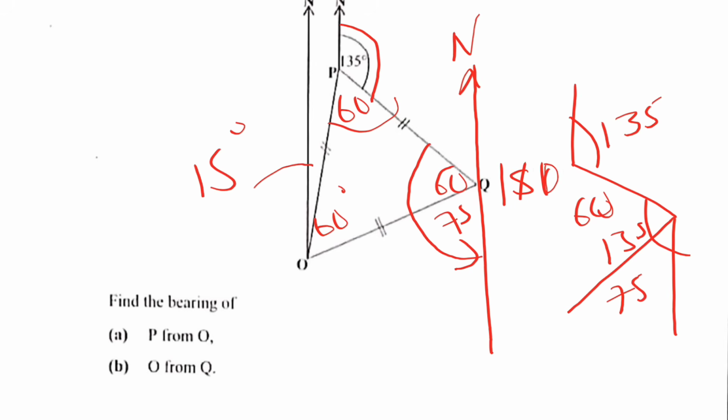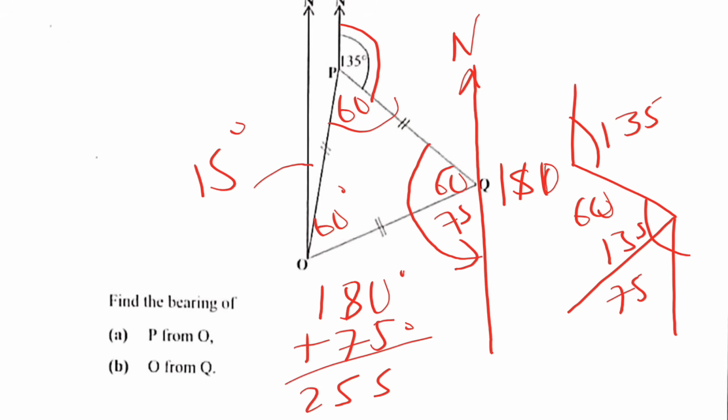So we simply add 180 plus 75. So we're going to get 0, 5, 5, carry 1, and then 255 as the answer.